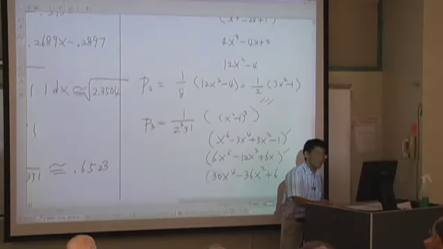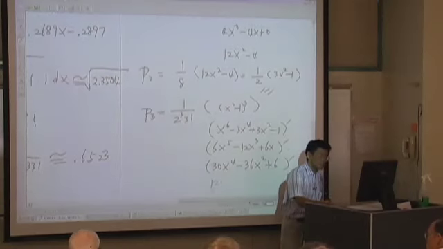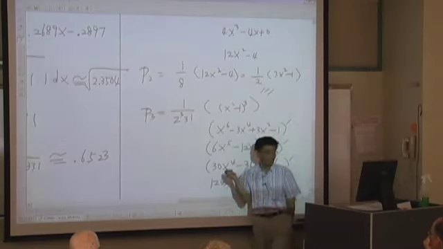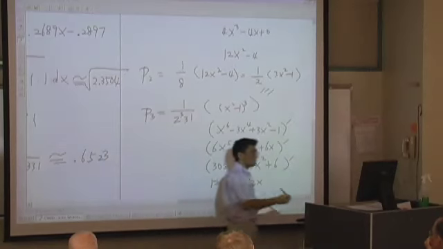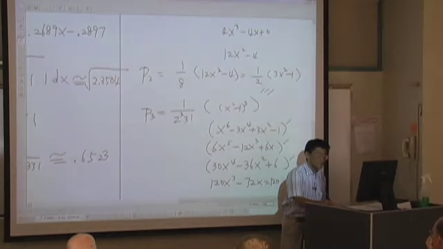If I differentiate one more time, then it is 120x to the 3rd minus 72x, right? Then if we extract 120, then it is x cubed minus 72 over 120 x.